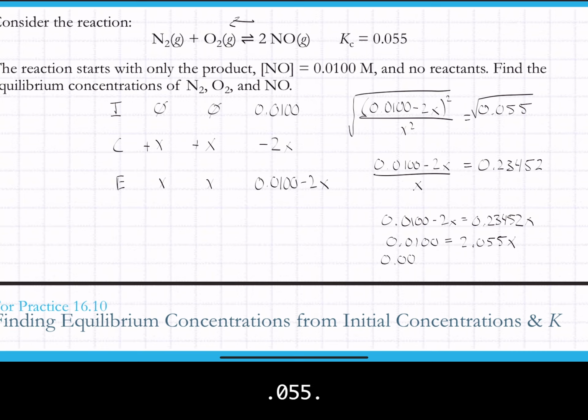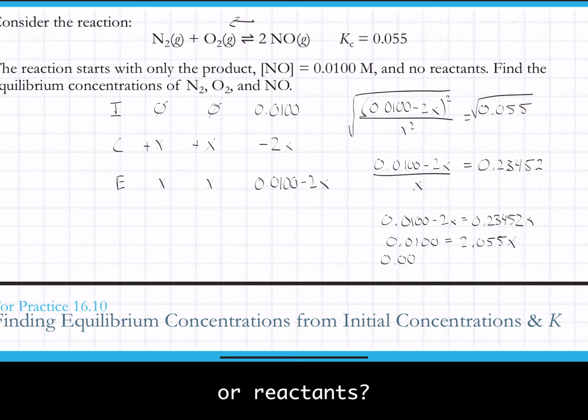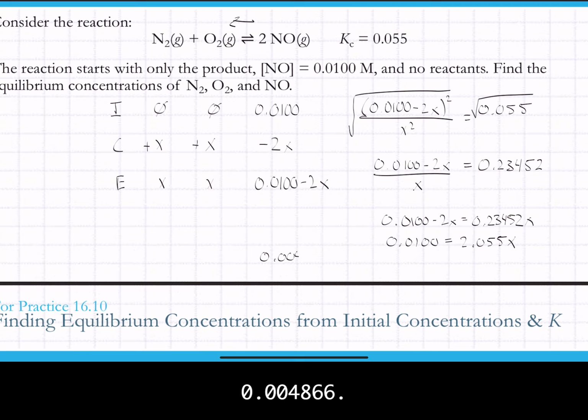0.055. Does that mean I should have more reactants or more products? A lot less than 1. More reactants. Well, here, let me write out, this was going to be the wrong value, 0.004866.